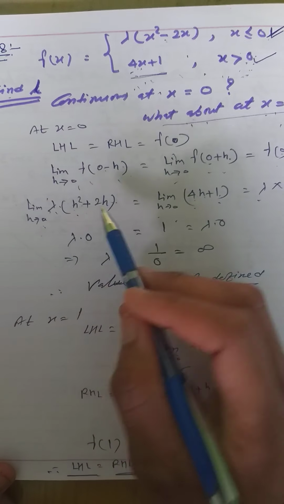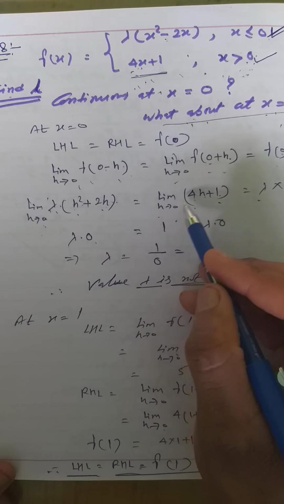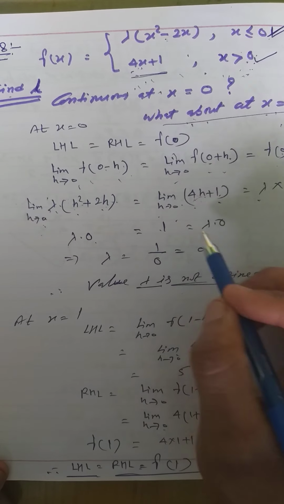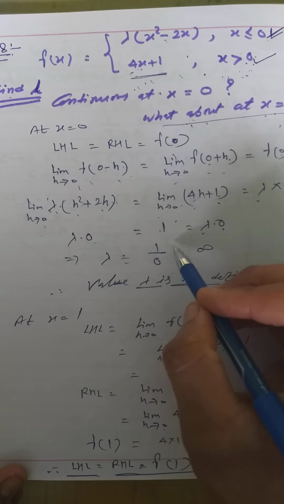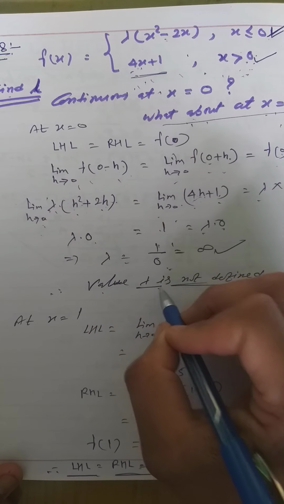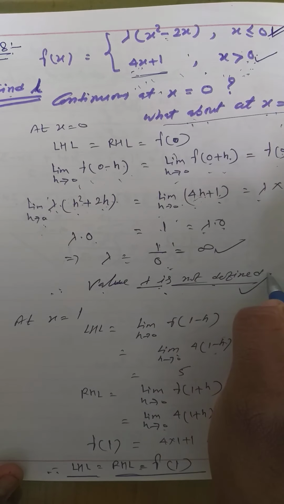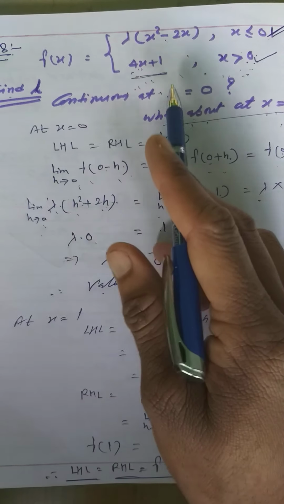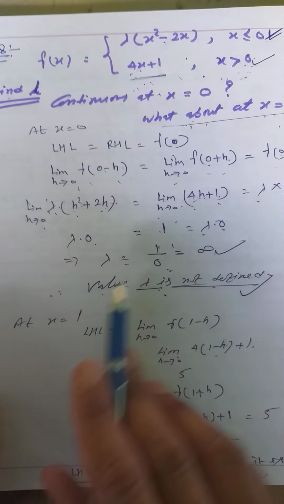As you put h = 0, lambda into 0 = 4 into 0 + 1 = 1, so 1 = lambda into 0. Lambda = 1/0 = infinity. Therefore, the value of lambda is not defined when the given function is continuous at x = 0.